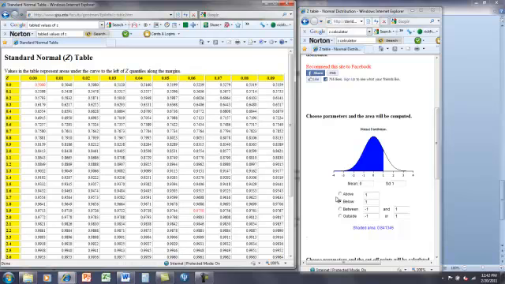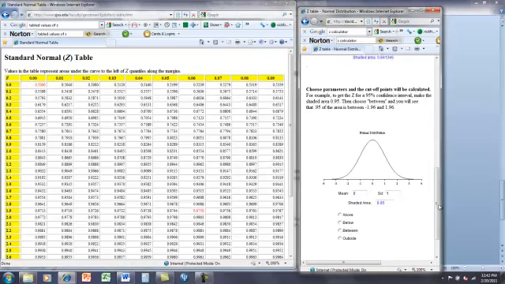Let's say that I want to find that part where there's a 5% chance or less of seeing something. And so I would go down here and put 0.05 in the shaded area and put it in here, and I see that the z-score is negative 1.65.